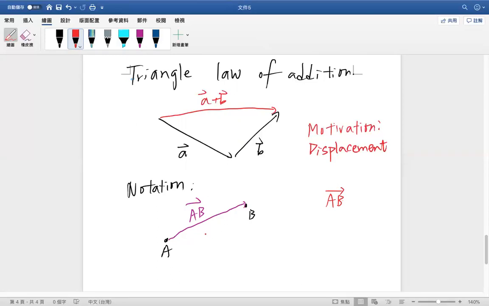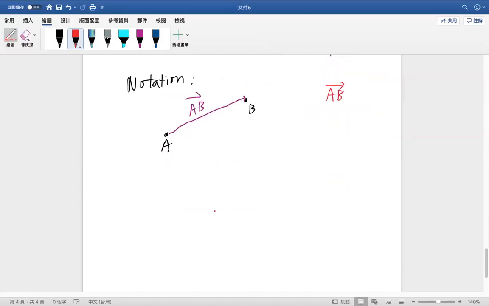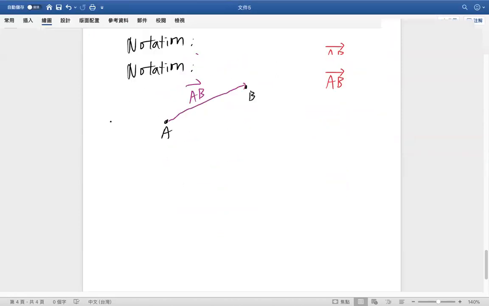I keep on using this because it is more convenient. I don't need to take my hand away from the paper to draw this arrow. That's why I stick to this one. So that's the vector AB.